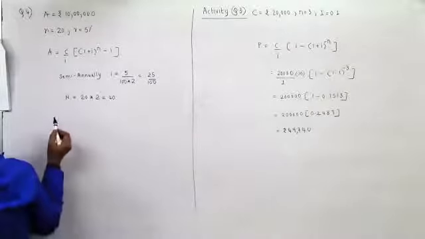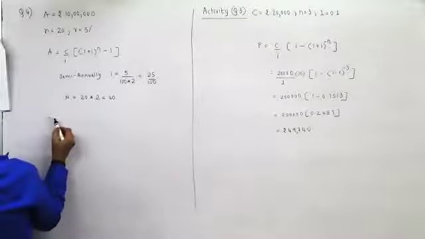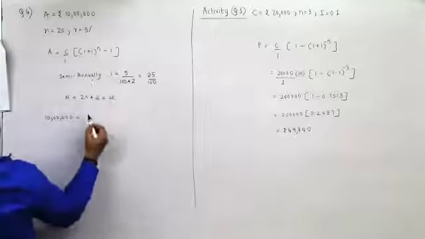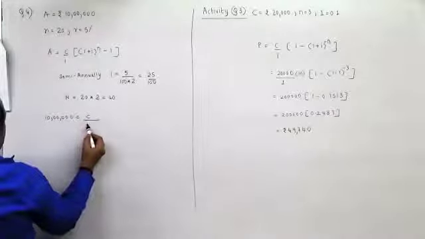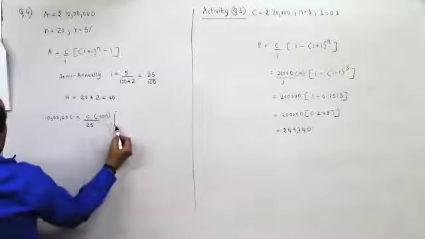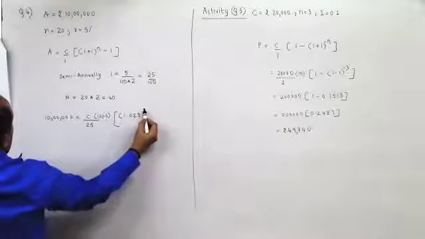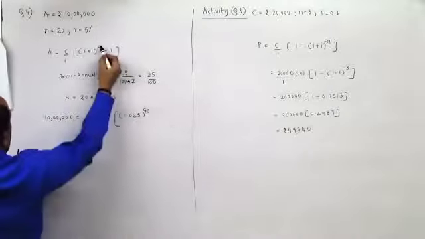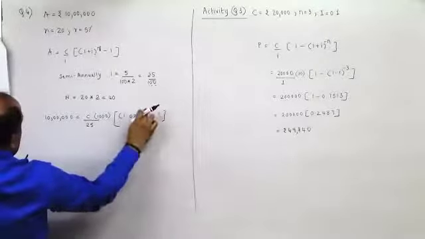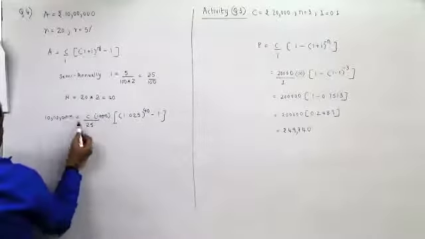Now this would be amount is 10 lakh. C is not given. I is 2.5 upon 100 or 25 upon 1000. This would be 1.025 raised to N, which is 40, minus 1. 3 zeros get cancelled.